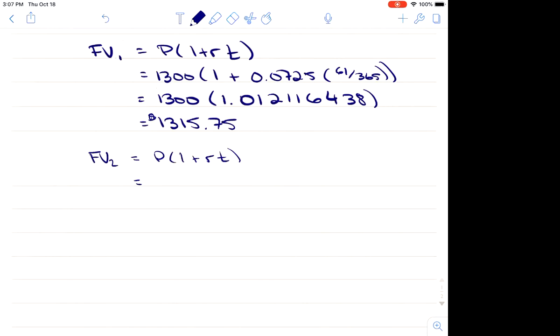But the principal loan amount for future value 2 was 1,800 times 1 plus the rate for all of these loans. And we'll see today where the rate might change, right? So the rate for all of these was 7.25%, so 0.0725. And the time for the second loan was 148 days, so 148 out of 365. Time, remember, has to be in years.